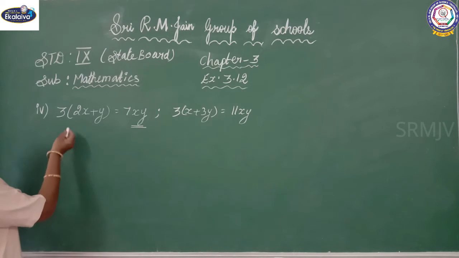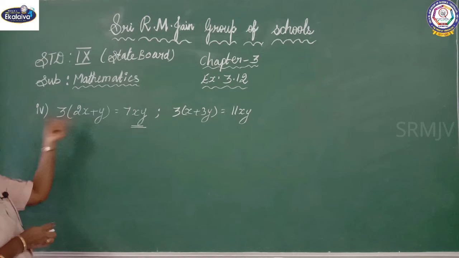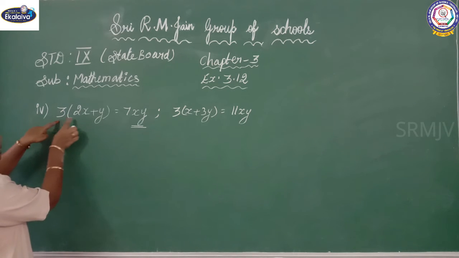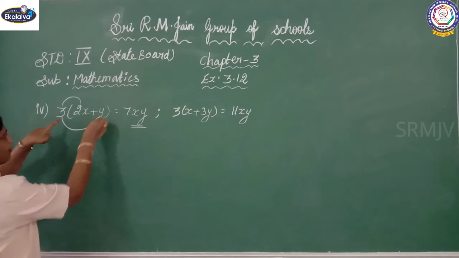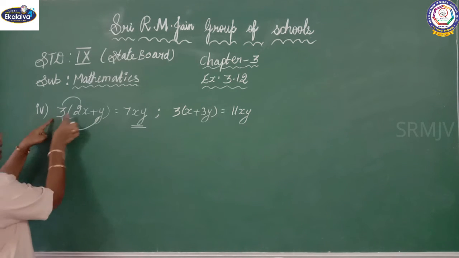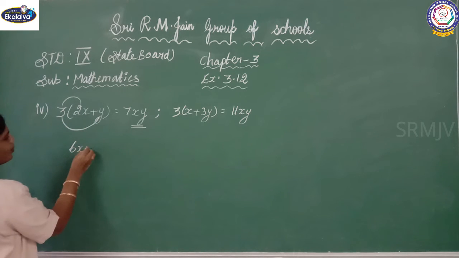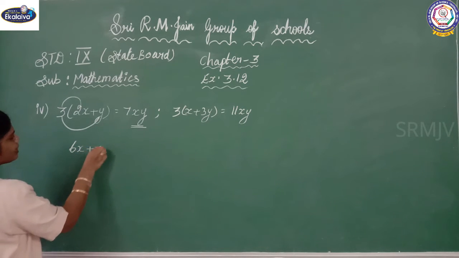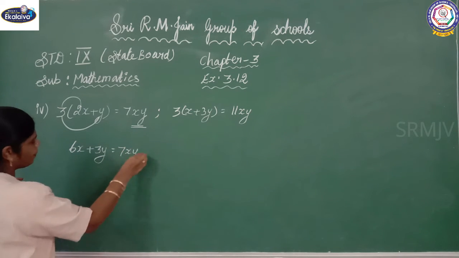Before this, you see here the bracket is given. First simplify the bracket. So 3 into 2x, you have to multiply first, and next you need to multiply these two. So 3 into 2x is 6x, and 3 into y is 3y. 6x + 3y = 7xy.